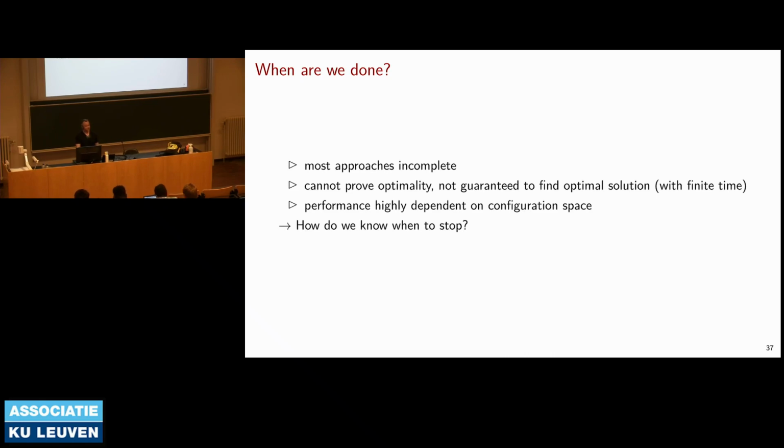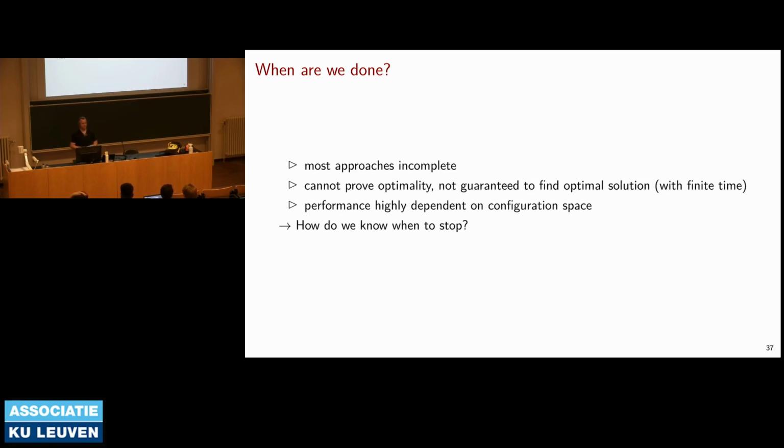The other problem is knowing when to stop. Most algorithms that we deploy in practice are anytime algorithms, as in we can really stop these at any point. But how do we know that now is a sensible time to stop? And the short answer is, unfortunately, we don't, because most approaches are incomplete. If the space that I'm exploring is infinite, then obviously I will never have the complete picture of performance.